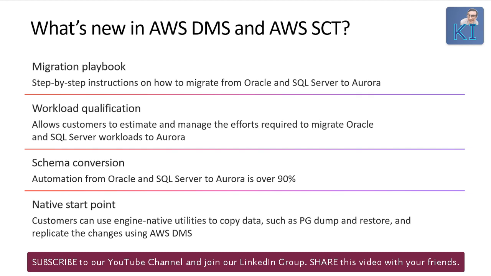Schema conversion automation from Oracle and SQL Server to Aurora is over 90%, so a good amount would be changed automatically. While if you want to put data into Aurora, you can also use native utilities like pg_dump in case of PostgreSQL. In case of MySQL, you can have the dump file or the backup file itself and restore an Aurora cluster from that. It's possible.